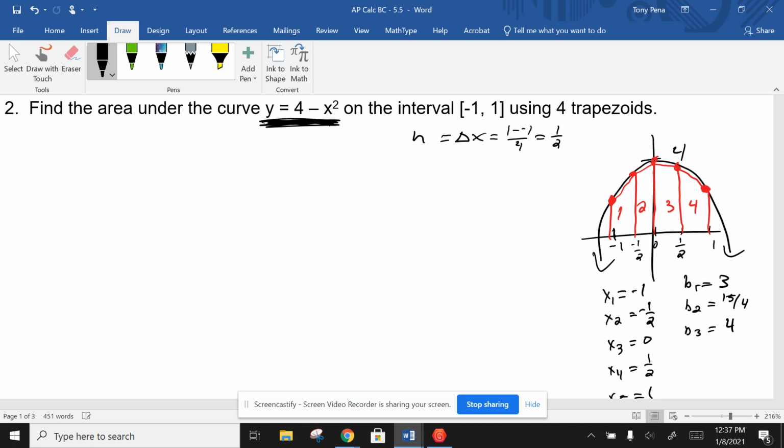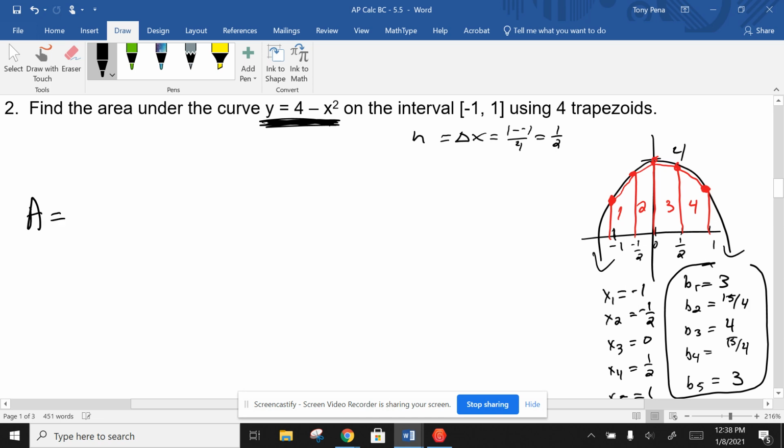Next one's easy, that's just going to give you a 4 right away. And then whatever I got at 1/2 and -1/2, those should be the same. So the 4th base should be a 15/4 also. And then the fifth base, if I take a 1, plug it in, should give me the same thing that I got earlier with a -1, which is a 3. So these are our bases.